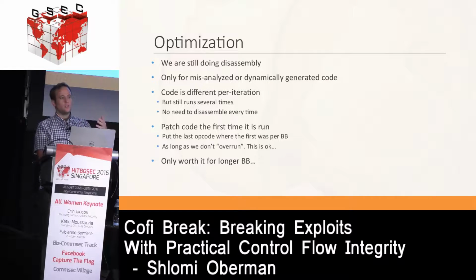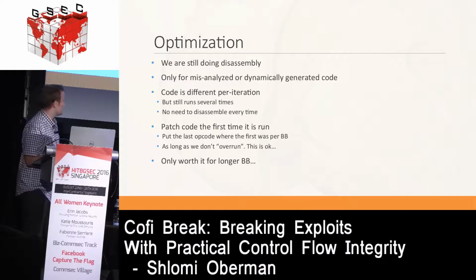So if we have a long JIT-generated basic block containing a lot of mathematical operations, we can take the last opcode of this long basic block and put it at the beginning of the code, and we've essentially performed the pre-analysis, or something similar to it, in runtime and saved quite a lot of execution time.